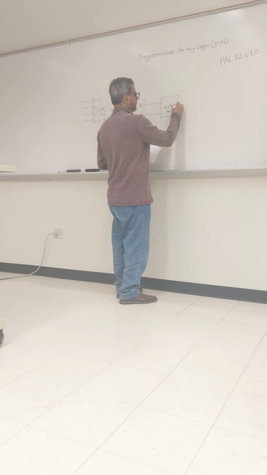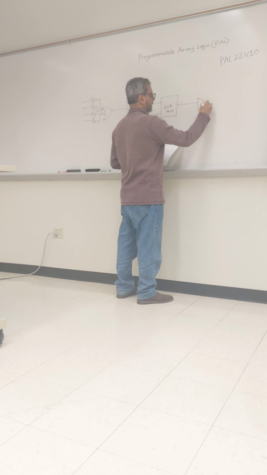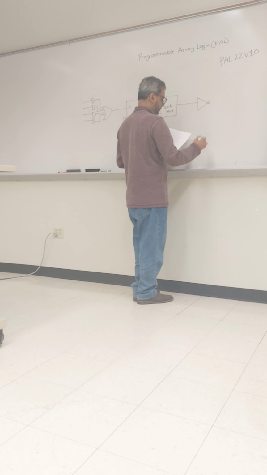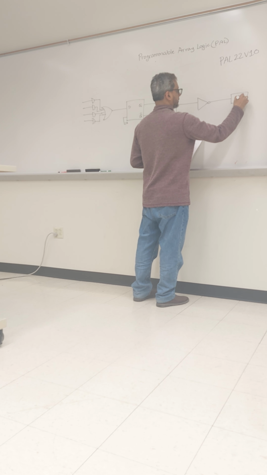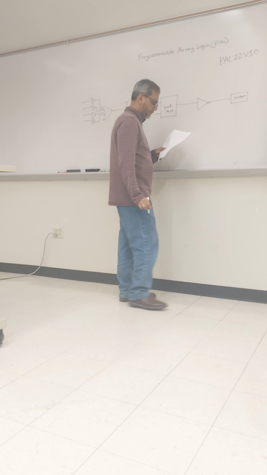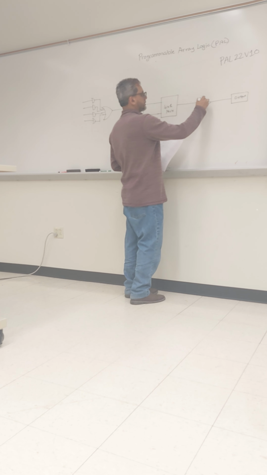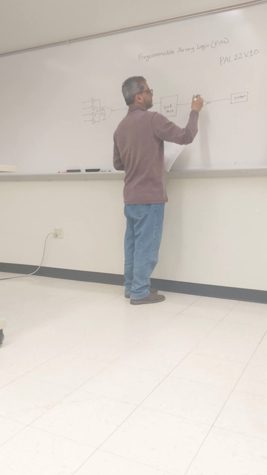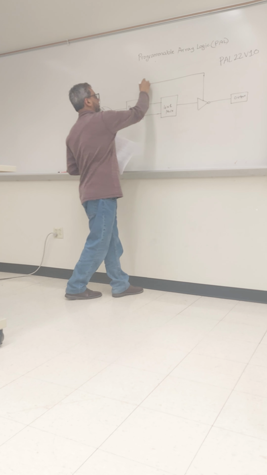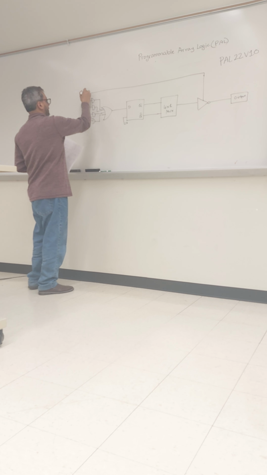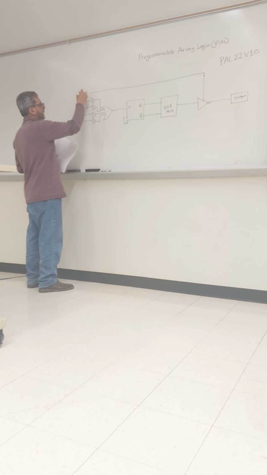Then this output is given to an inverter circuit, the tri-state buffer circuit. So here they mention, to control this tri-state buffer, to activate or deactivate it, they use another mux.